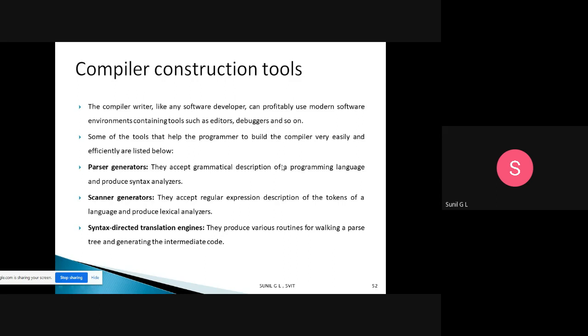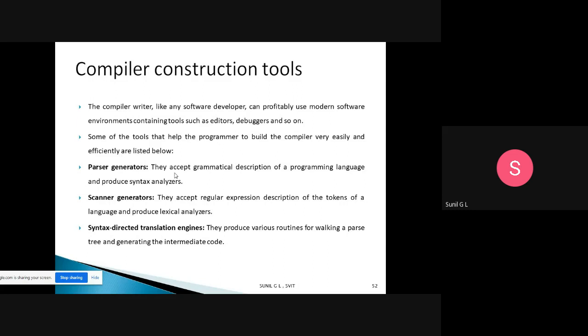Here some of the tools that help the programmer build a compiler very easily and efficiently are listed below. These are the different tools used to develop a compiler. One is the parser generator. This tool accepts the grammatical description of a programming language and produces the syntax analyzer.